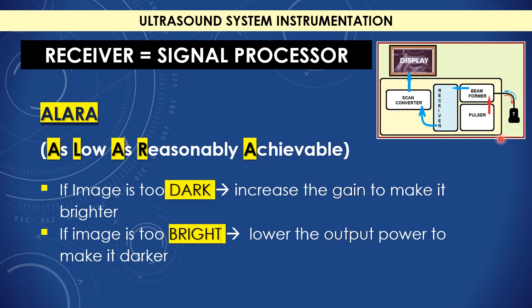That's why I can get the image darker while, in the meantime, getting rid of the extra bioeffects to the patient. So I'm protecting the patient by lowering the output power. If the image is bright, lower the output power to reduce the bioeffects, and in the meantime, I will get a darker image. All right.